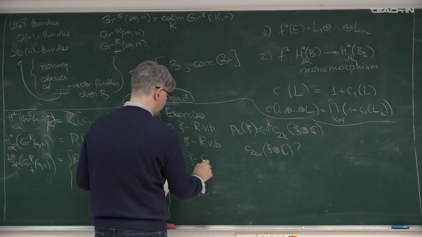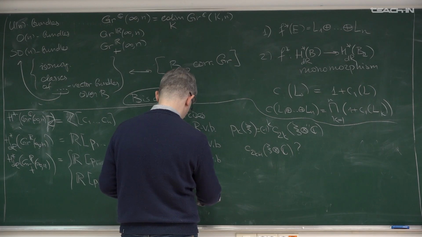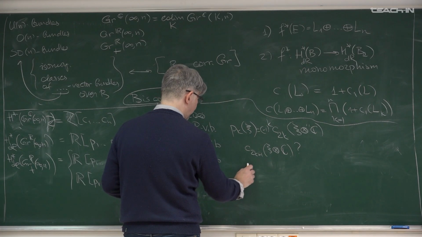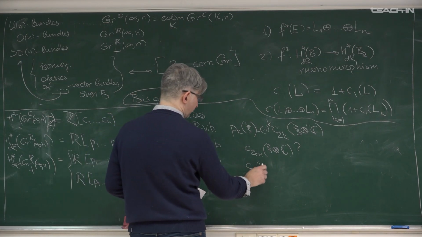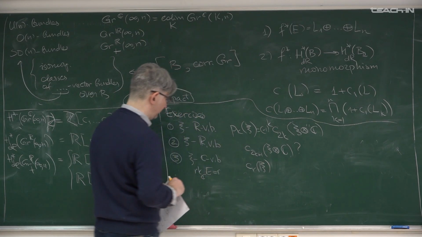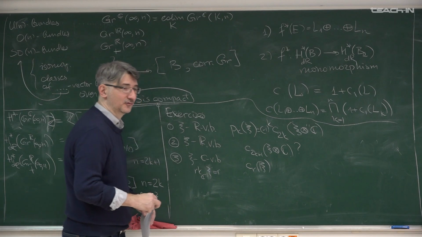So, if xi is a C vector bundle, complex vector bundle, and of rank r, complex rank is equal to r, then you can calculate its Chern class of top dimension. Sorry, I write different letters for same object.